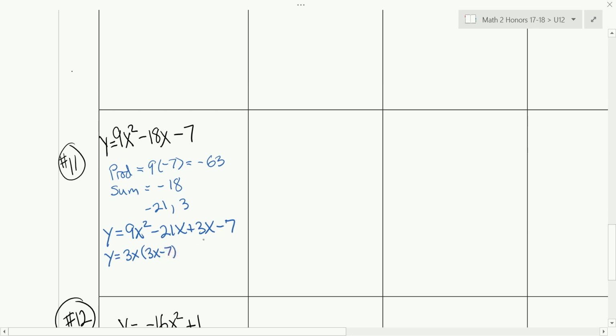And then you factor out the GCF of the right half, which is 1. And both have a 3x minus 7. And so we factor the 3x minus 7 out, and we're left with what? 3x plus 1. And that's our factored form.